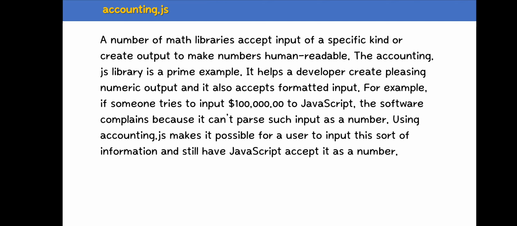For example, if someone tries to input $1,000, $1 lakh to JavaScript, the software complains because it can't parse such input as a number. Using accounting.js makes it possible for a user to input this sort of information and still have JavaScript accept it as a number.